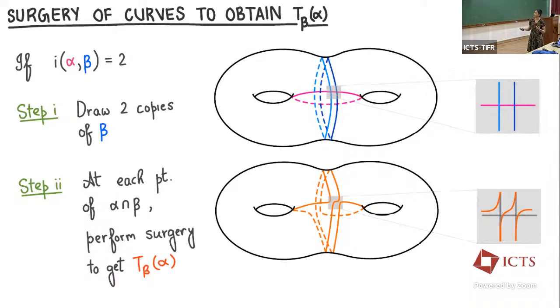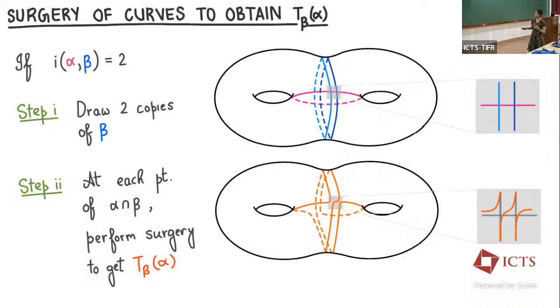The first step is we draw two copies of beta that are parallel to each other, and each point of intersection of alpha and beta will have an image like this, where these are just the parallel copies of beta here, and then at each point we perform this surgery.